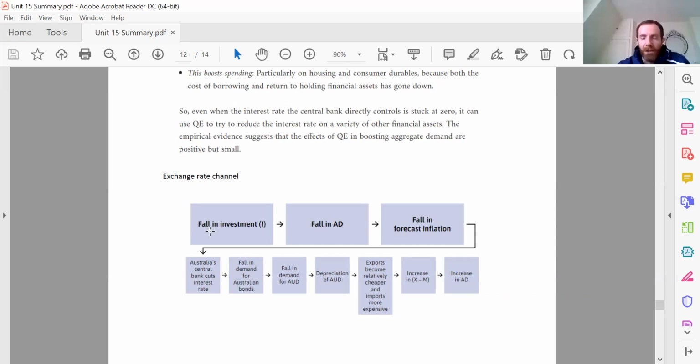And so this is the channel through which a change in interest rates can feed through into a change in exchange rates, which can have an impact on aggregate demand. So that's another channel we can take into account when we think about how monetary policy might fix a problem or get us back to a higher level of aggregate demand.